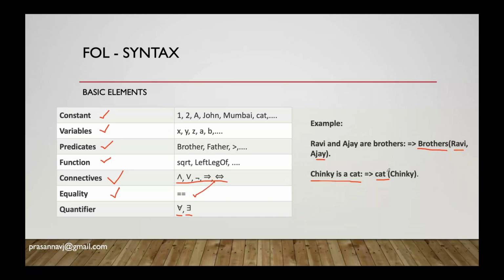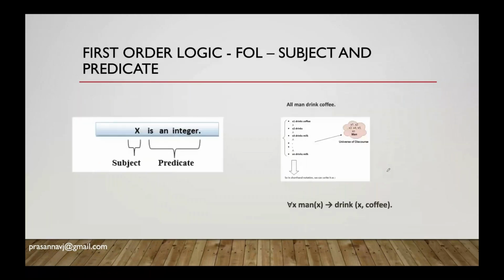You can also use more complex items as well. For example, x is an integer. It contains a subject, which is x, and a predicate, which is integer.